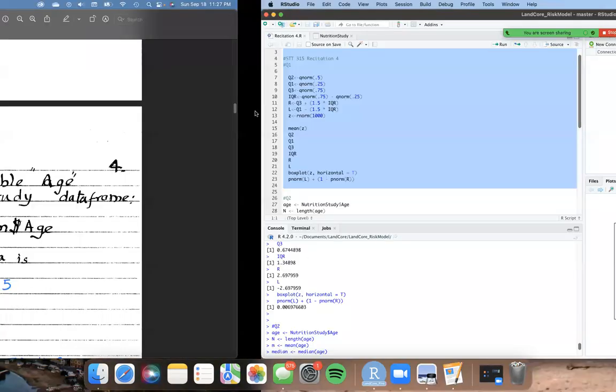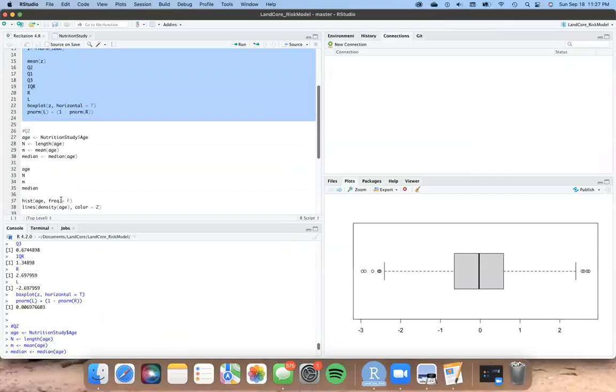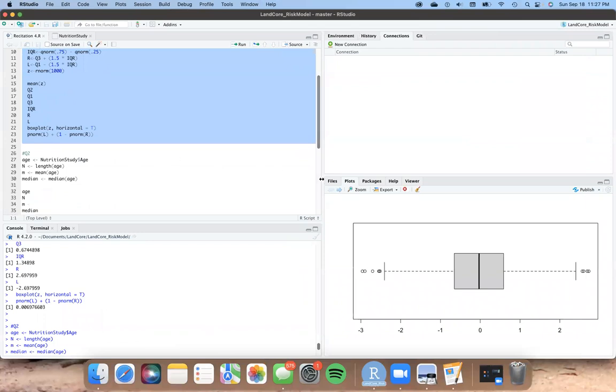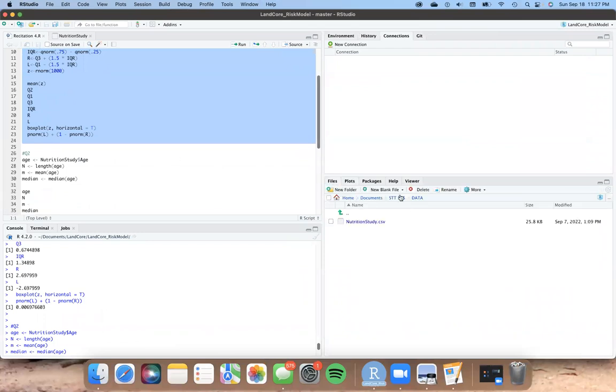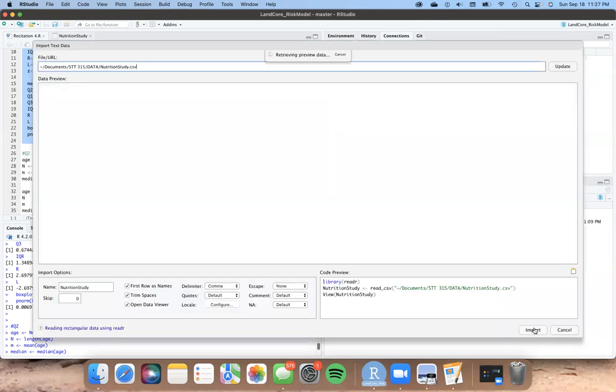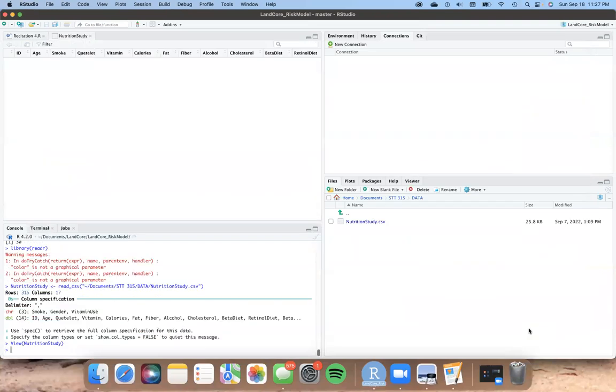How I found it was I went to my files, where I store my data in stat315. Once you find your file name here, which your route might be a little bit different, wherever you store your stat315 data, you can hit import data set before you start running your code.